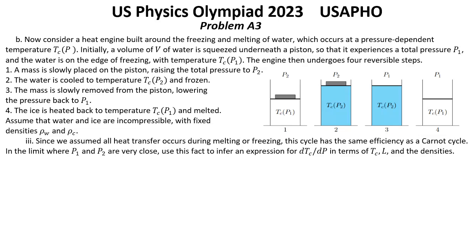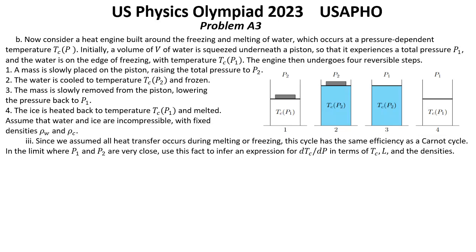Question 3 from part B. Since we assumed all heat transfer occurs during melting or freezing, this cycle has the same efficiency as a Carnot cycle in the limit where P1 and P2 are very close.